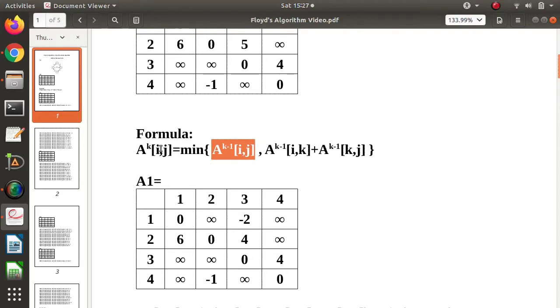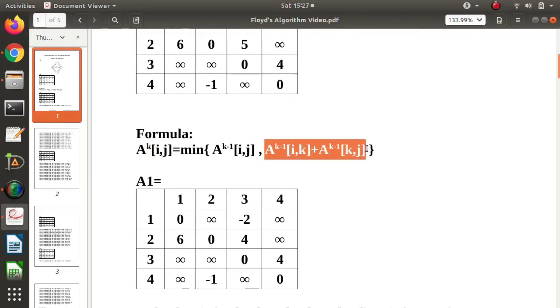We are checking whether taking node K improves this value or not: from I to K, and from K to J. If it improves the value, we'll take this one. Otherwise, we'll retain the original value. So this is for A1.